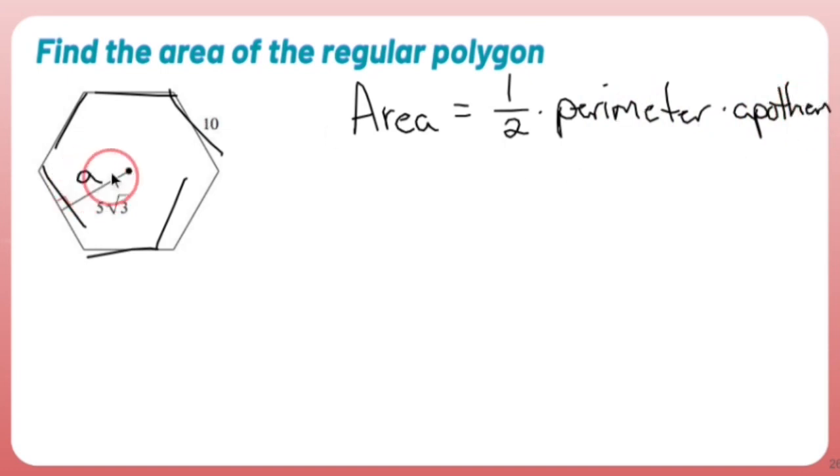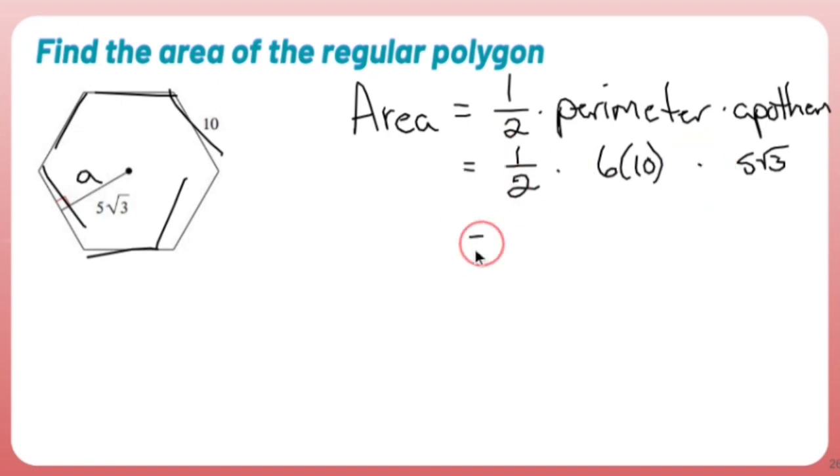Now, this is the apothem, so I know that it's going to be 5√3. Gross. Perimeter. I don't know what the perimeter is, but I do know that there are 6 sides and each side is 10. So the perimeter is going to be 6 times 10, and the area is going to be 1/2 times that. So I should be able to do this without a calculator.